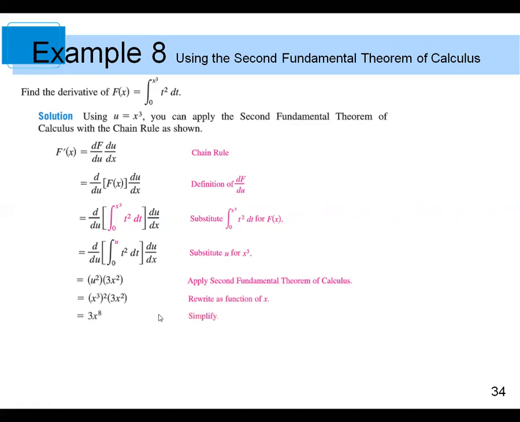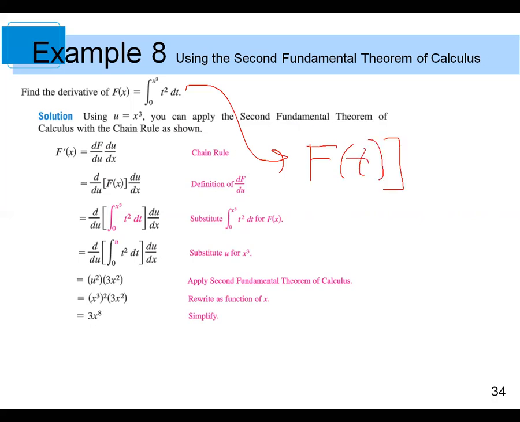Now that might have been a little bit confusing. Let me show it to you a different way. Remember, now you can get the antiderivative of t squared. I know it's 1/3 t cubed, but for the sake of just implementing the second fundamental theorem of calculus, I'm going to say that the antiderivative of t squared is represented by capital F of t.